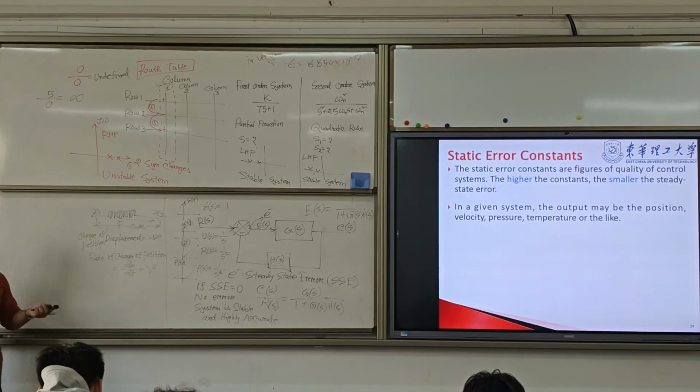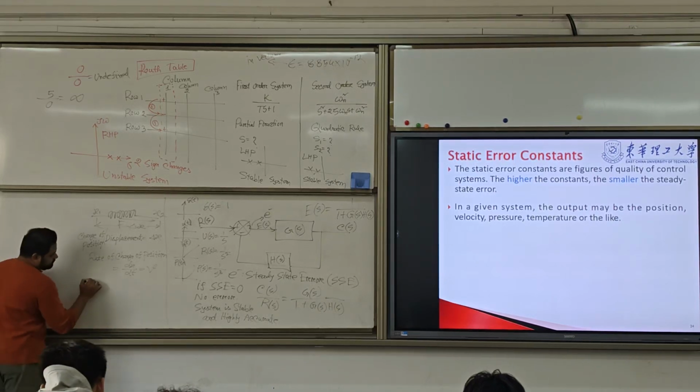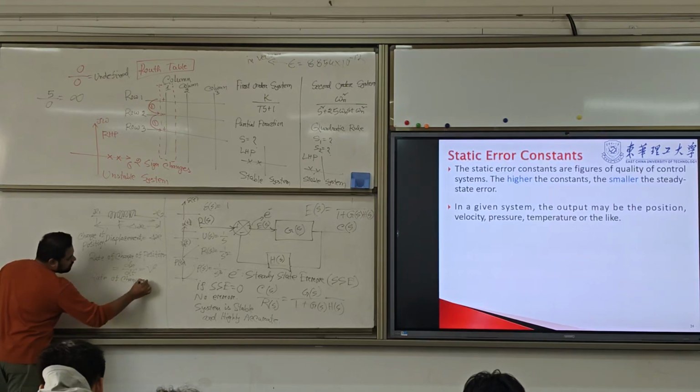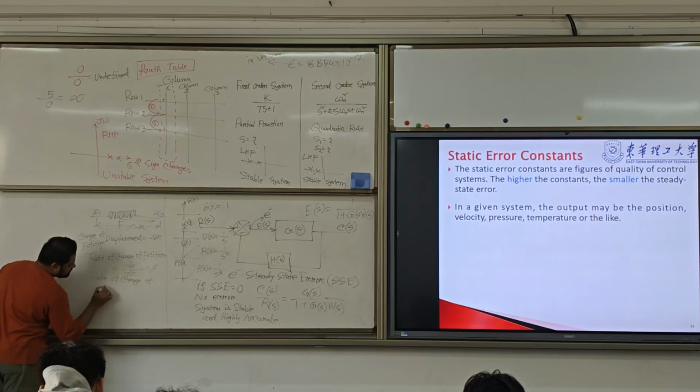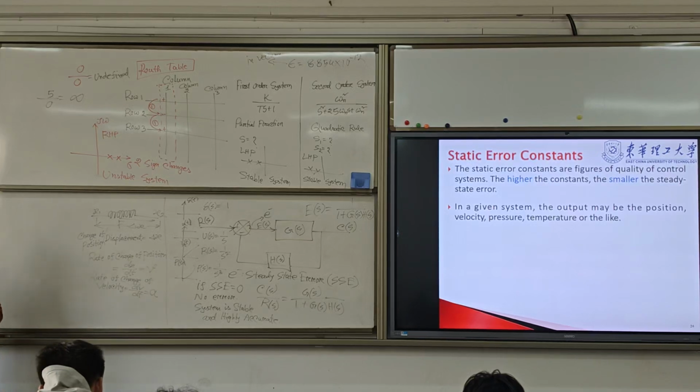V equal to dx by dt, you know that. Now, if you want to find out the rate of change of velocity, it is nothing but dv by dt. That is called acceleration, a.